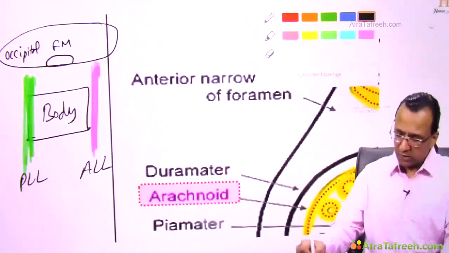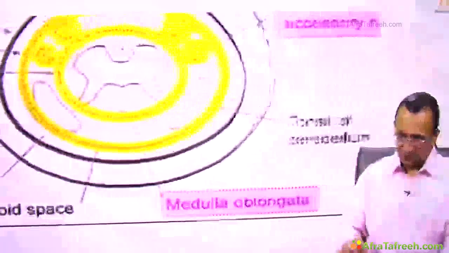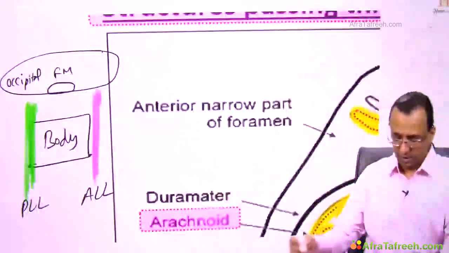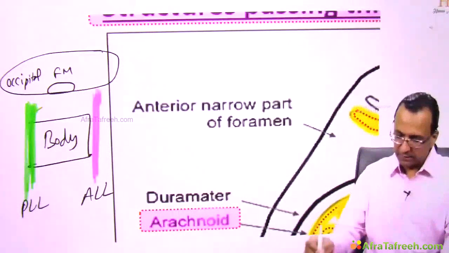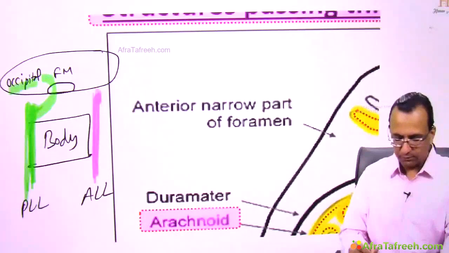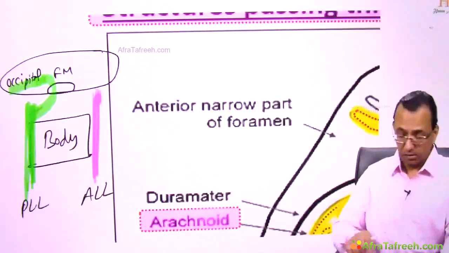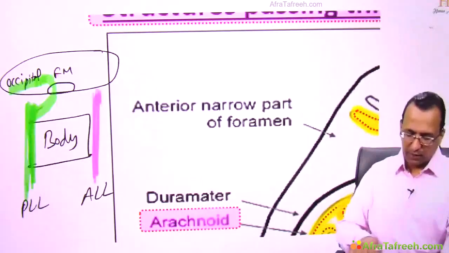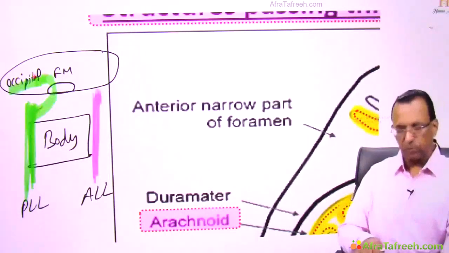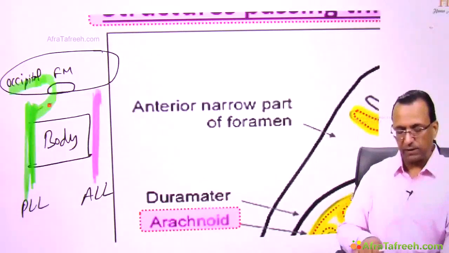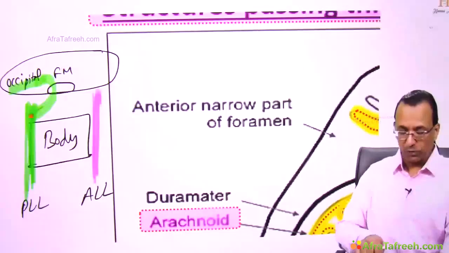What happens is, this posterior longitudinal ligament passes through the foramen magnum to attach to the occipital bone. That is the tectorial membrane. The tectorial membrane is a continuation of the posterior longitudinal ligament.